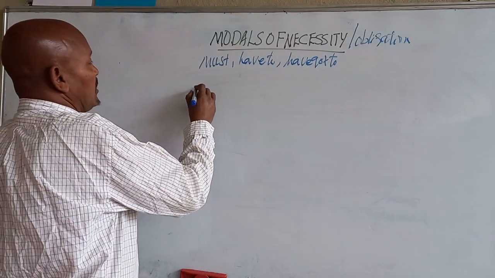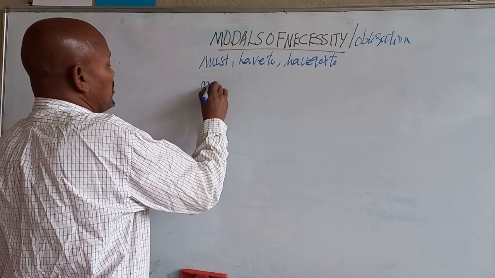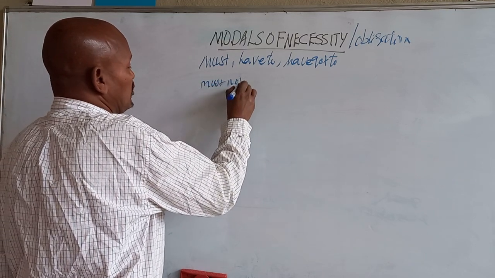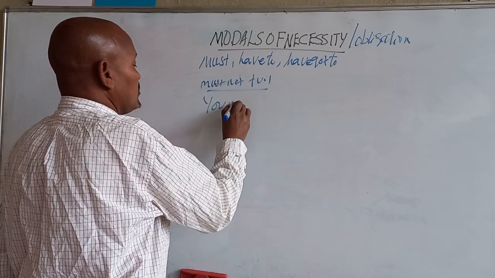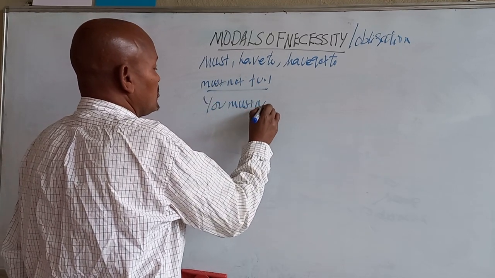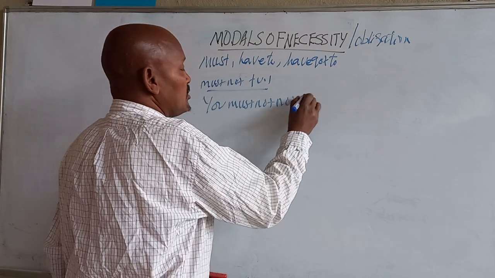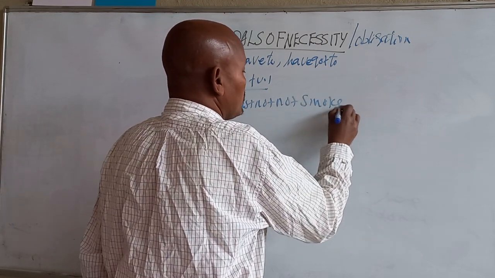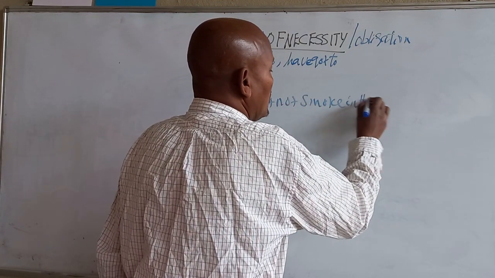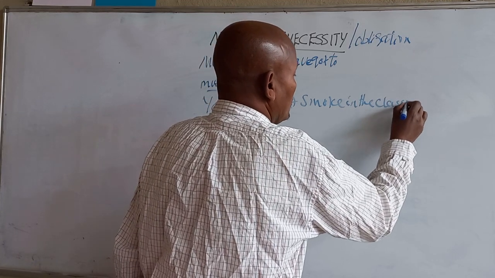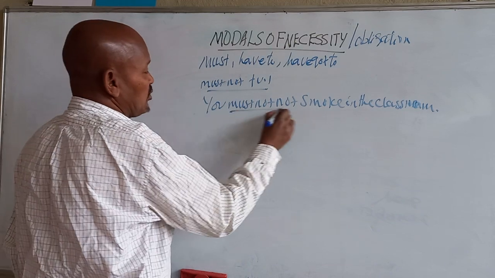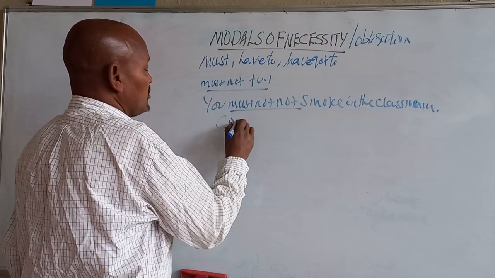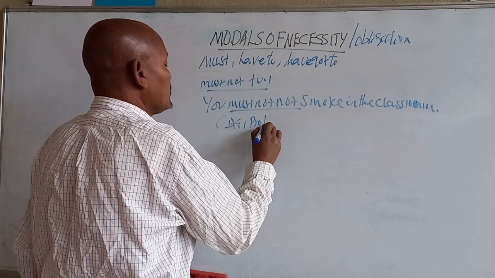And here, must not plus verb 1. You must not smoke in the classroom. Mustn't means it is prohibited.